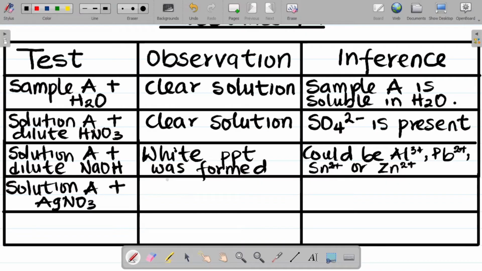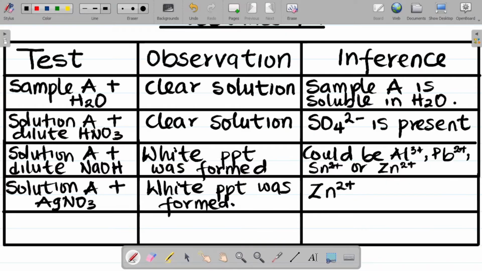What did I observe from this? When I did this, I observed that a white precipitate was formed. So this is my observation. When this is formed, what's my inference here? From here, I can infer that zinc ion is probably present.